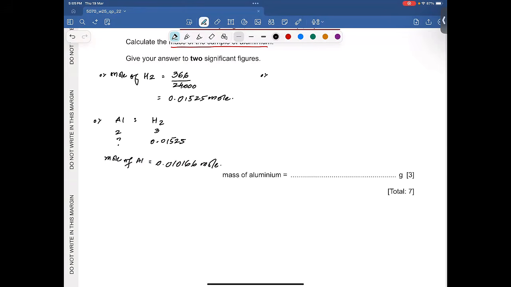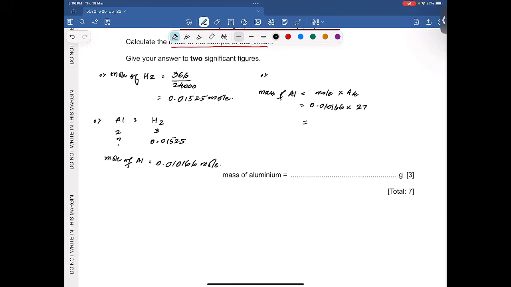We know the Ar of aluminum, which is 27. I'll get the Mr from the periodic table. So using that, mass: moles of aluminum is 0.010166 times the Ar of aluminum, 27.